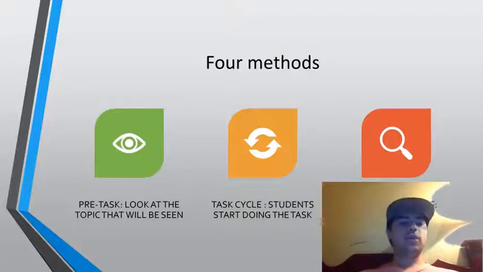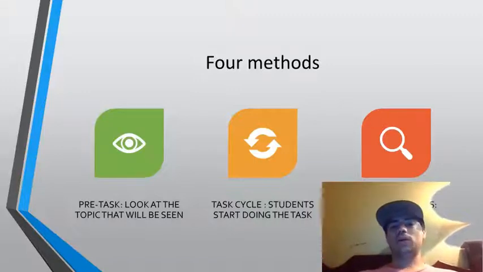And finally, we have the language focus, and basically this is a stage in which students check and talk about specific features of the task. In other words, it's when they check if the task was performed correctly or not, and the teacher has to correct all the mistakes made by the students.